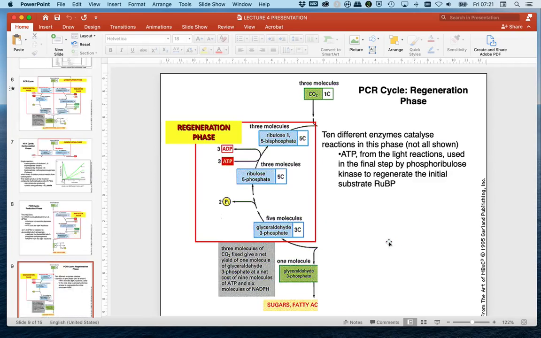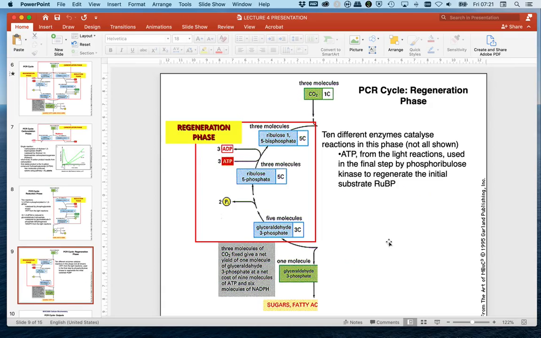The final phase of the PCR cycle is the regeneration phase. Now this is a really complex part of the cycle. 10 different enzymes are involved, and they catalyze reactions that are not shown in the simplified diagram of the PCR cycle. For this regeneration phase, I'd like you to remember just the final reaction, because that's what regenerates the RUBP, one of the initial substrates, in addition to the atmospheric CO2.